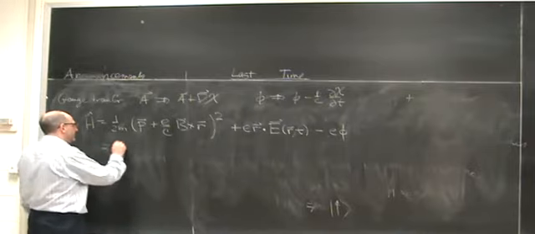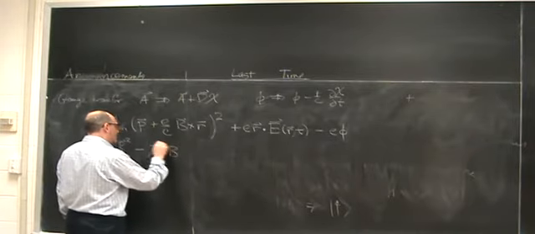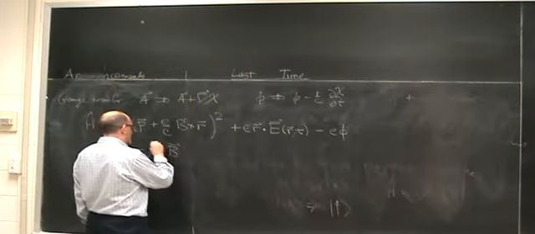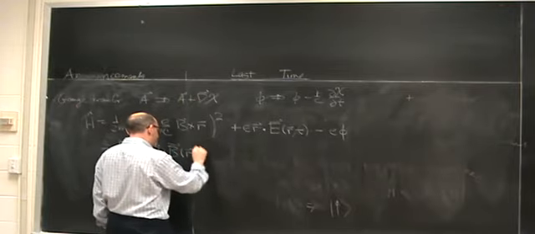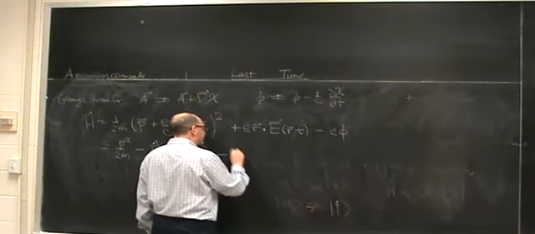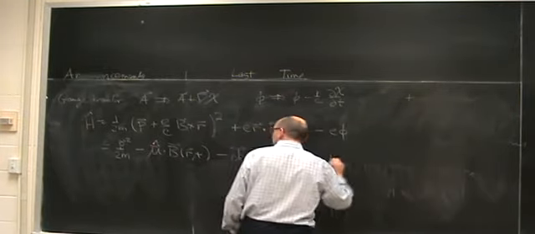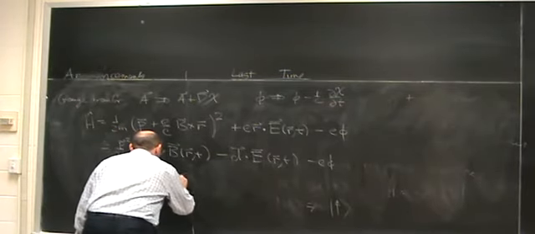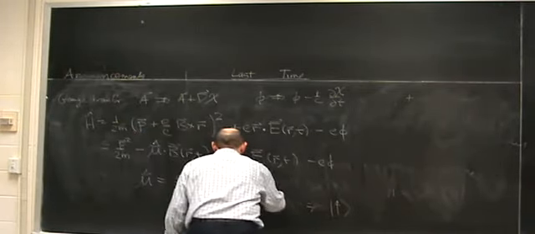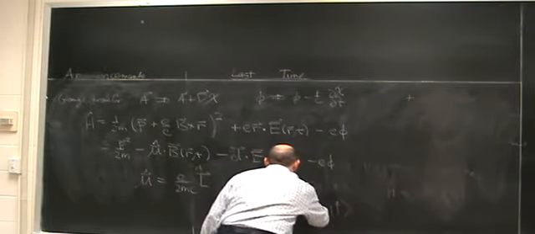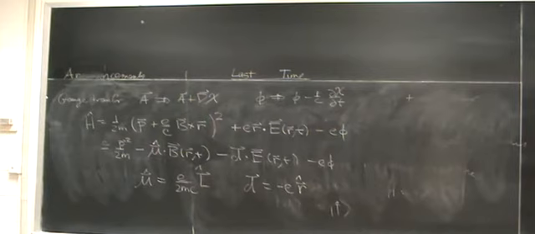And what we saw was that this was equal to, where mu is equal to e over 2mc L, and d is equal to the charge of the electron times its position.